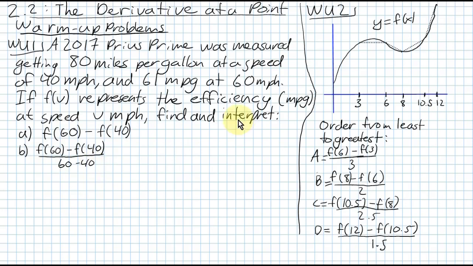And remember that interpret means think about or write about. If it's on a test, it means write about what these numbers mean in terms of the car, and include units as best you can. And then these A, B, C, and D represent different things with this graph over here.